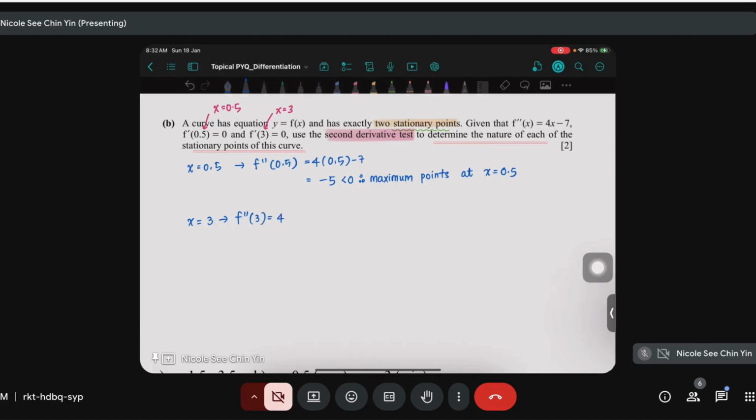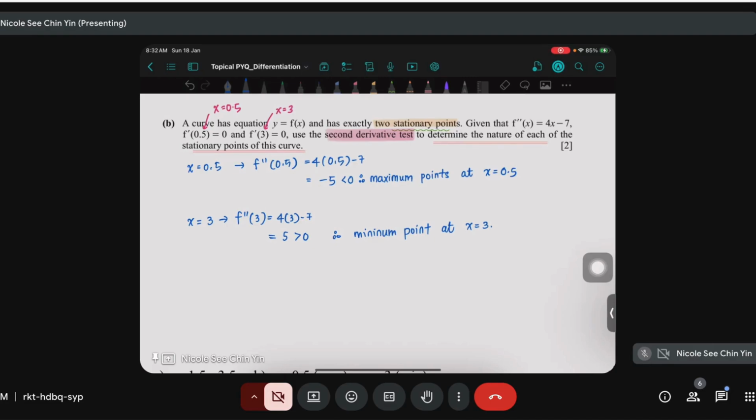So I sub in 3 into 4x minus 7, I get 5. Okay, it's a positive value. So basically, if more than 0, I get a minimum value. So therefore, it gives you a minimum point at x equals 3. That's it.